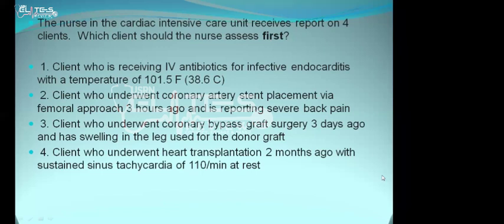So the severe back pain is not associated with the procedure, so it becomes an urgent need for attention. So I think that's my choice for the first assessment. That would be the first client I would approach or attend to.